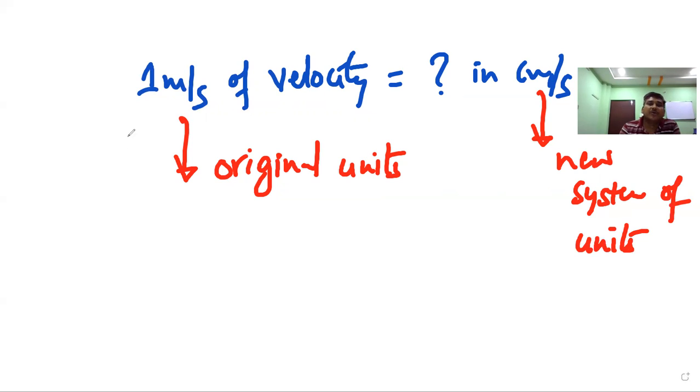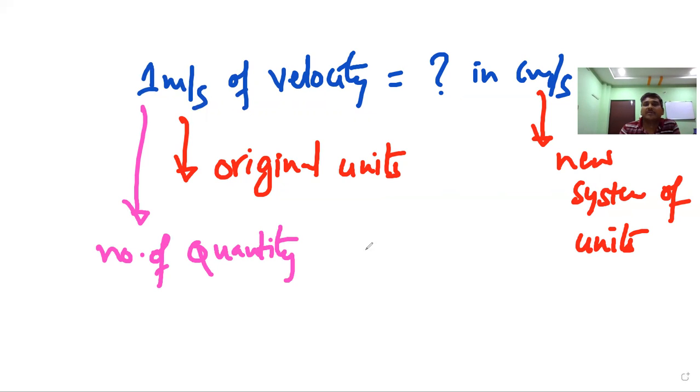So how many quantity of units I would like to convert? This is the number of quantity I would like to convert. And to how many? This is how many.